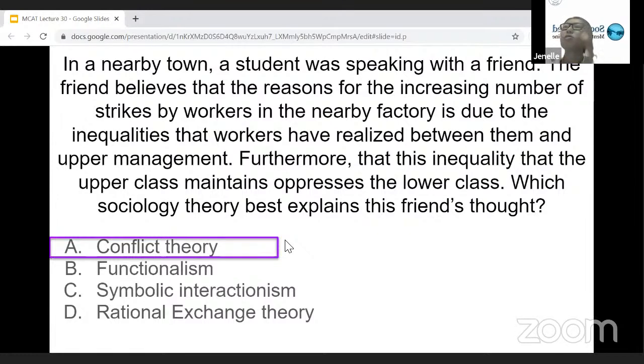Then you would have to answer it that way. Other times they just give you situations like this and ask which theory best explains it.